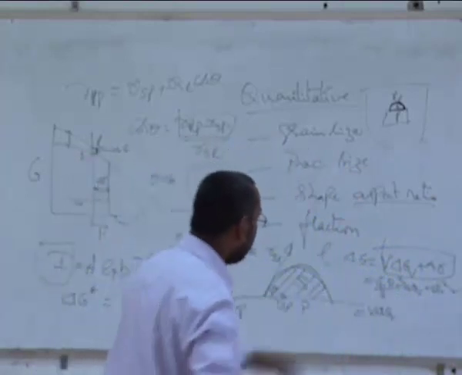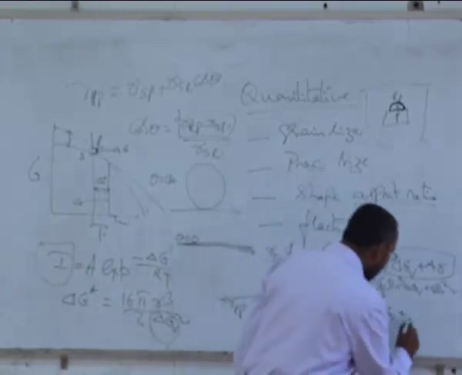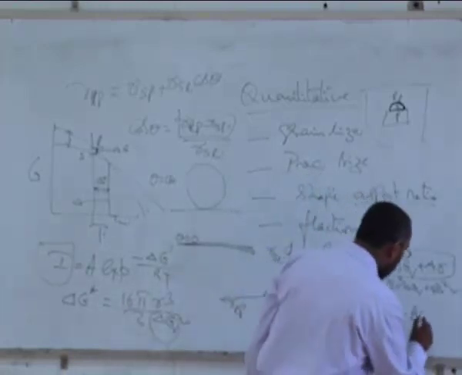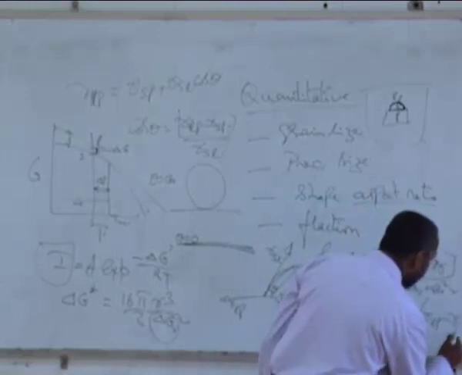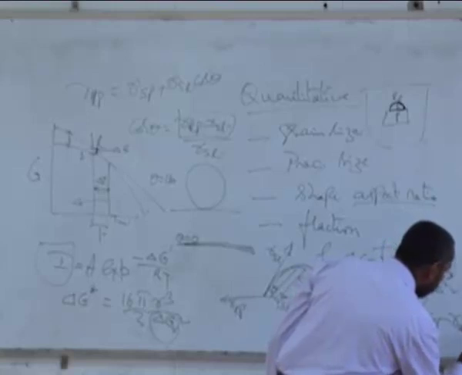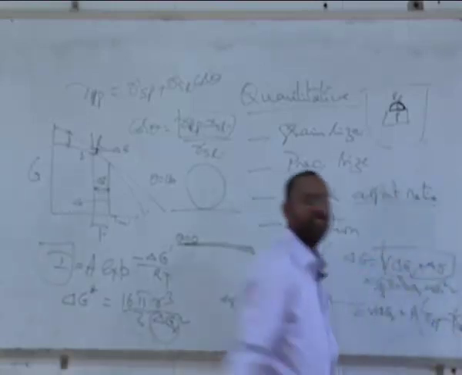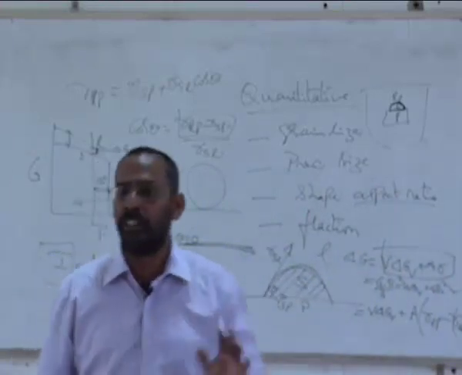So as a result, in this case, I have to write it as A of gamma LP minus gamma SL plus gamma SP, this kind of a thing. Of course, this A I am simply taking out, which is actually wrong.